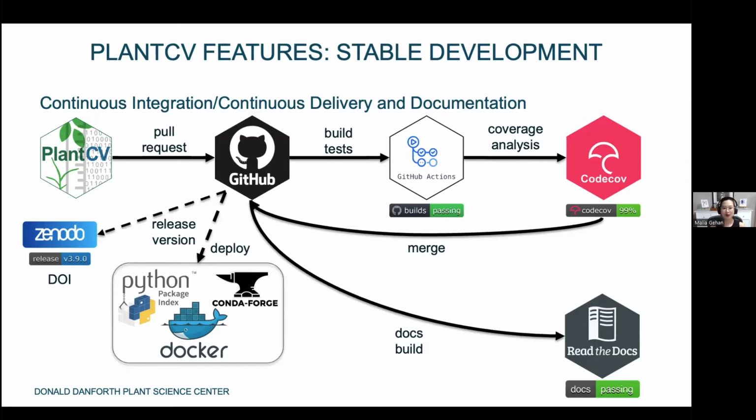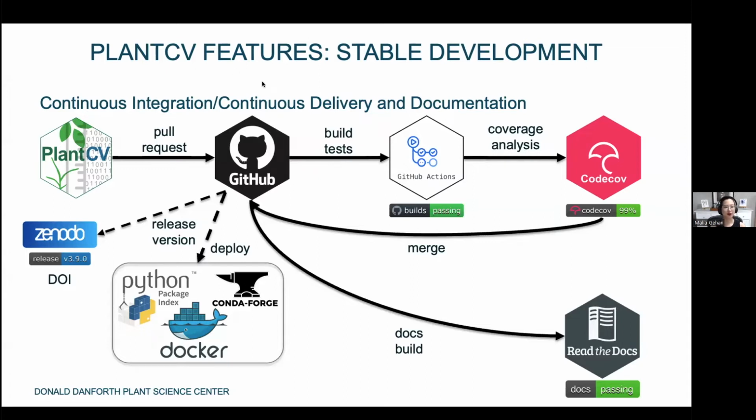In order for PlantCV to continue on and be a sustainable software project, we don't want just people from the Danforth Center or even just our core developers developing functionality for PlantCV. We want the users to be able to drive what is important for the plant phenotyping community, and we want to hopefully build something sustainable that lots of people can use.